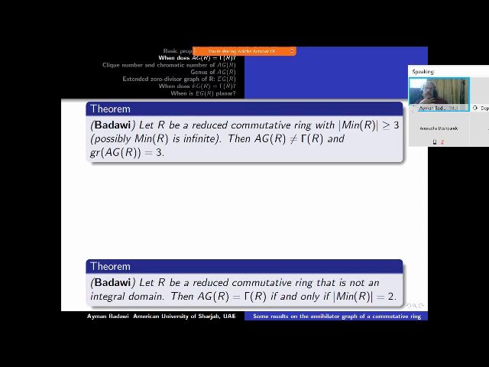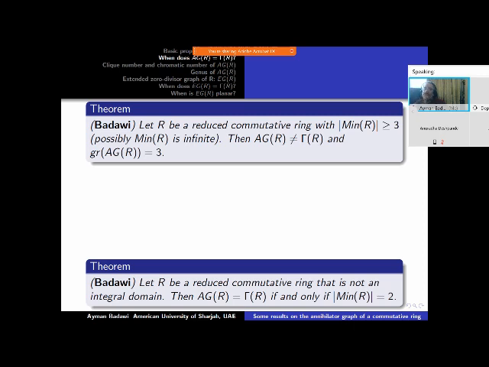Look at this result. If the ring is reduced, meaning 0 is the only nilpotent element, and of course I want my ring to be not an integral domain, then the annihilatory graph is equal to the zero divisor graph if and only if the number of minimal prime ideals of R is equal to 2.